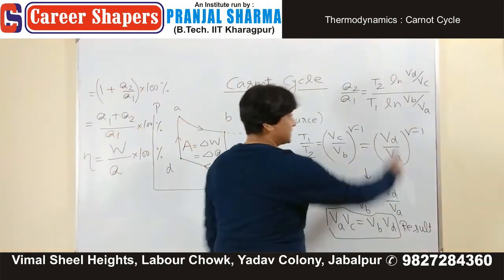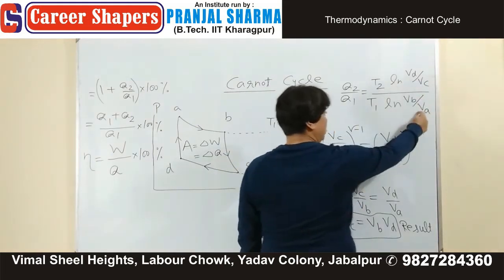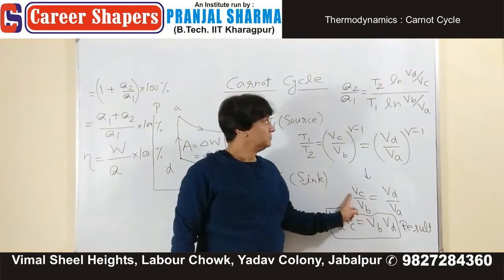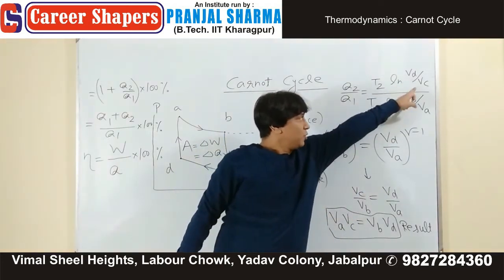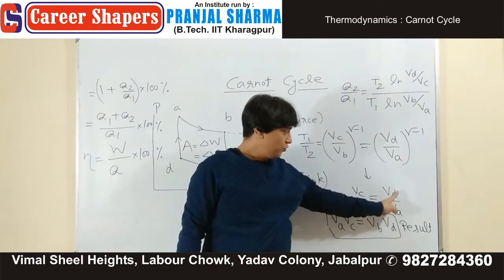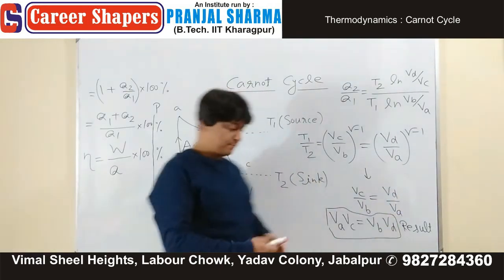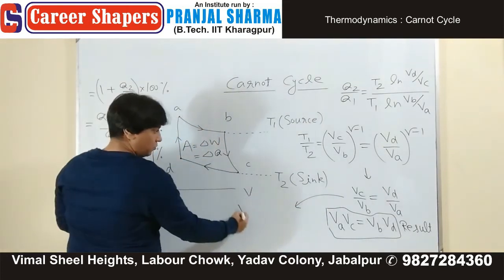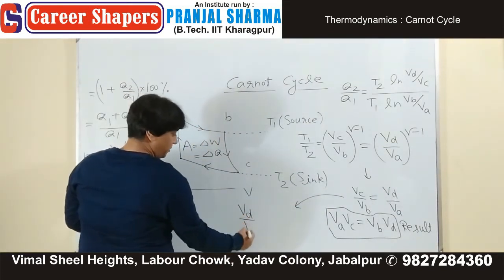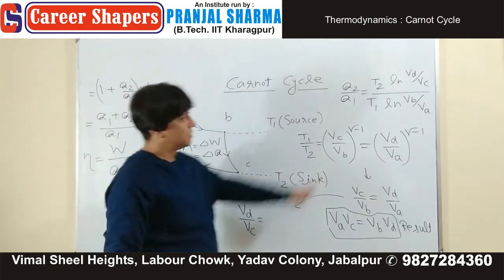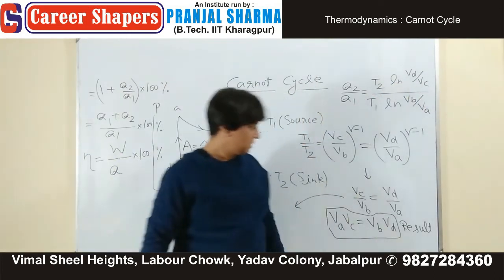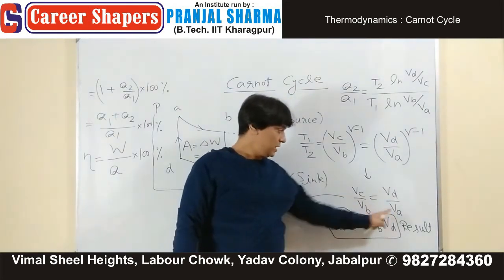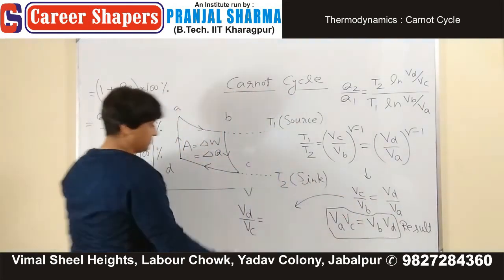Now, we are interested in VD upon VC and VB upon VA. From this, I need VD upon VC. VD upon VC is equal to VA upon VB.